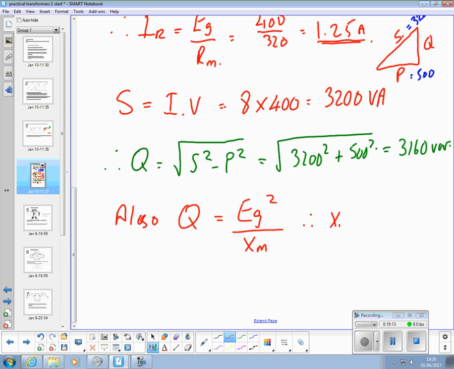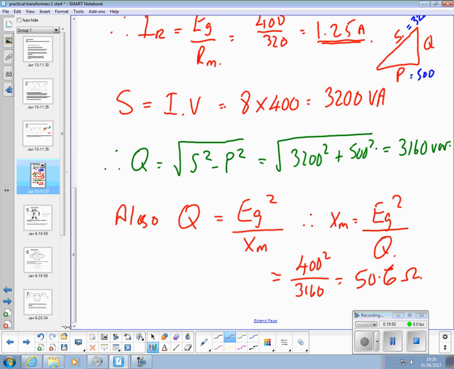Therefore, Xm is equal to the voltage squared divided by Q. That is 400 squared over 3160, and whatever that comes out to. 50.7 I got, so have you rounded that? Alright, 50.6 then. Ohms.